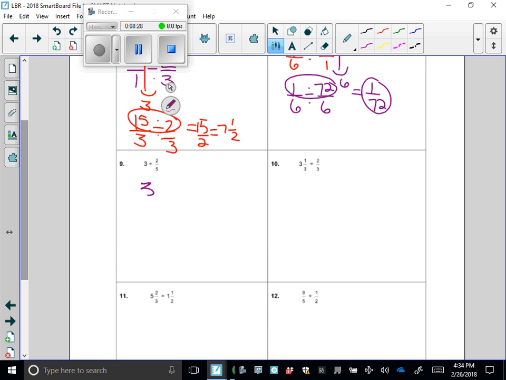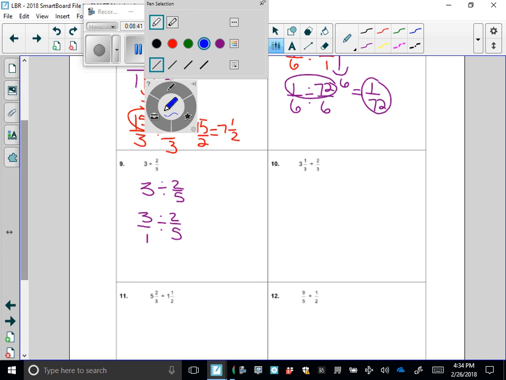Here's 3 divided by 2/5. 3 over 1 divided by 2 over 5. Make your common denominator 5. So that's 15 over 5 divided by 2 over 5.